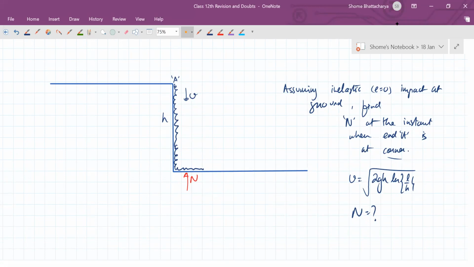Both are included. The L is outside the bracket. Yeah, okay, that's correct.